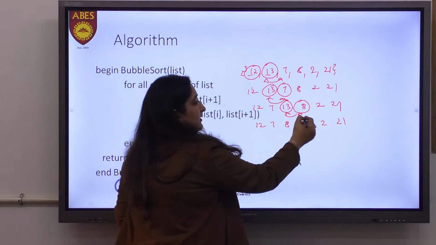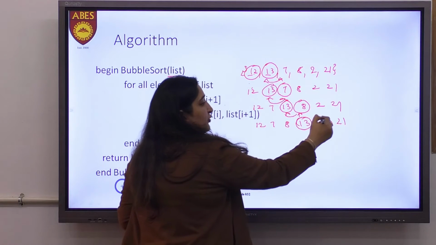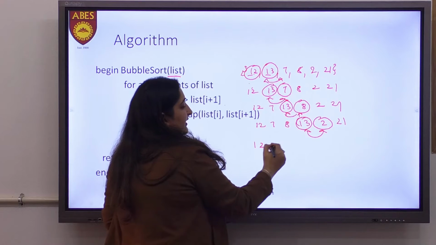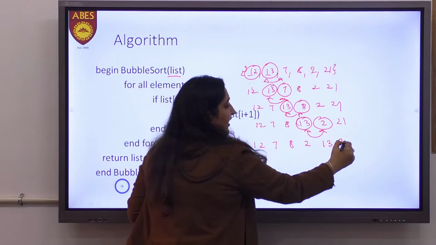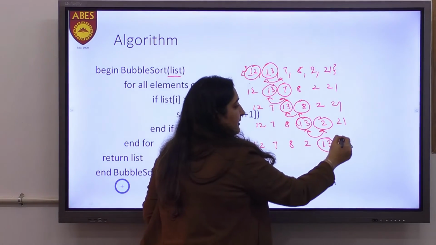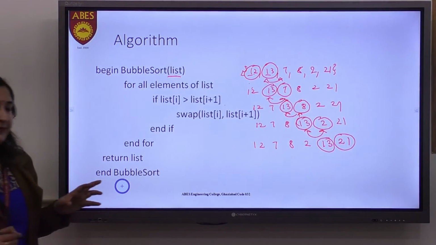The bubble is at 13, so 13 will be matched with 2 again. These two are also not in correct order, so they will be interchanged, and 13 has the bubble again, and we match 13 with 21. Now these two are in correct order, right?